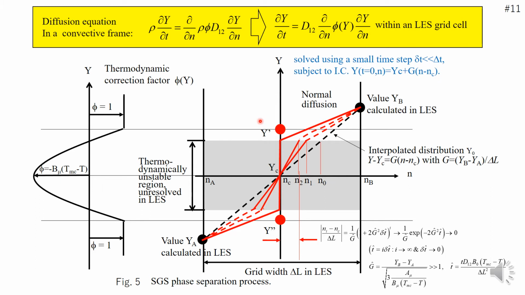This is the reason why current LES, which only used unmodified diffusion coefficient, could not describe the phase separation even using a very fine grid system. Therefore, to describe the transcritical mixing state, we have to multiply the eddy diffusivity by the thermodynamic correction factor phi as well.